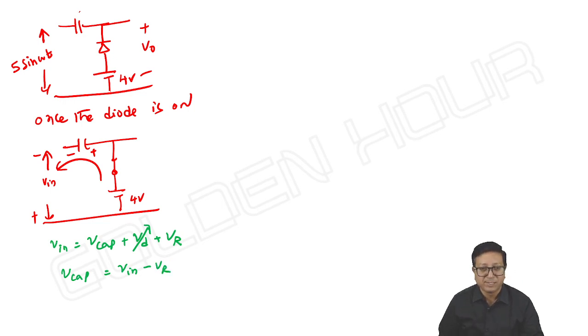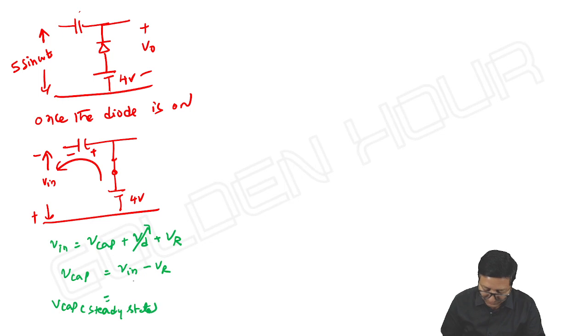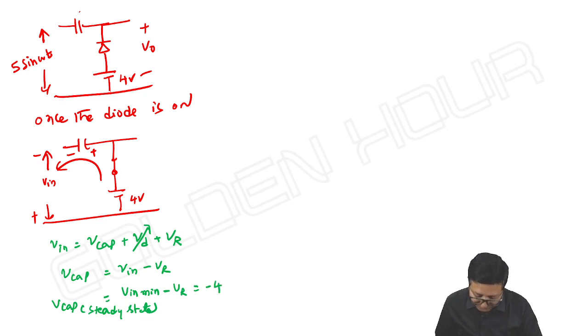We know. Okay, so again, what happens here? V capacitor in steady state is equal to V input minimum minus V reference.